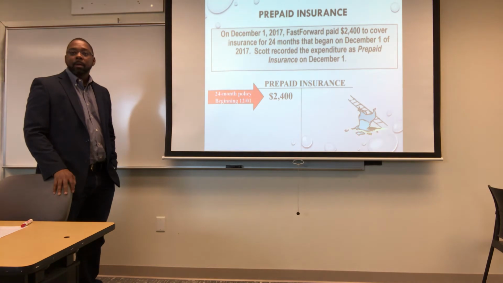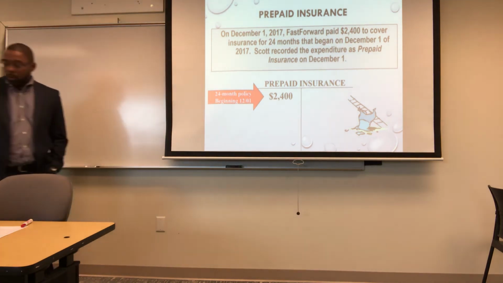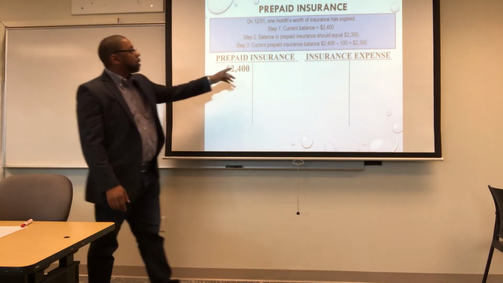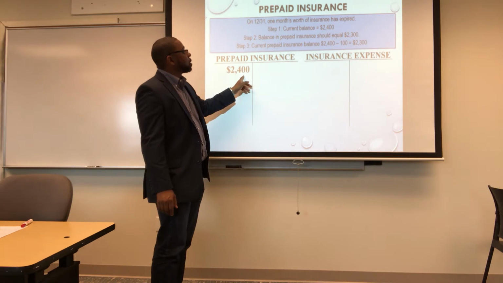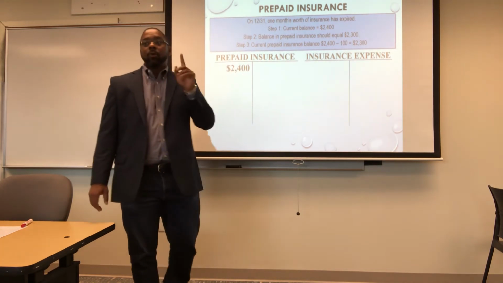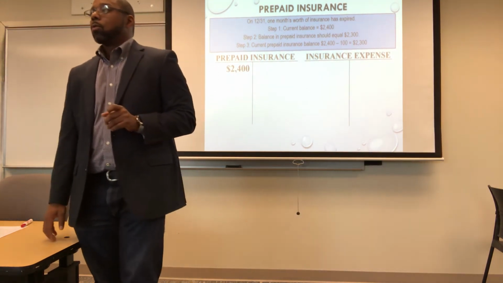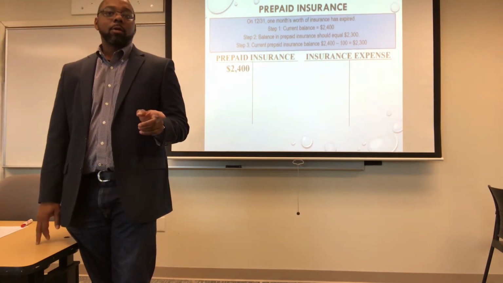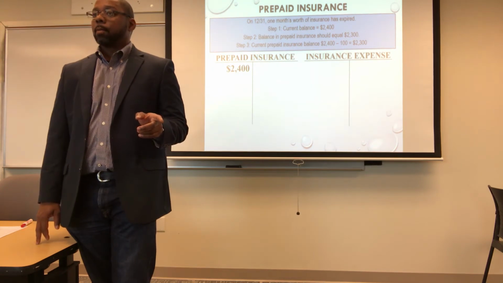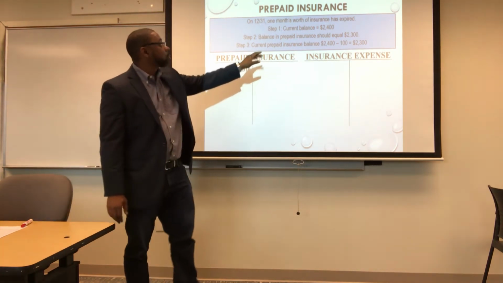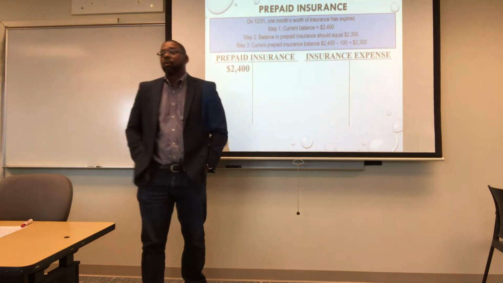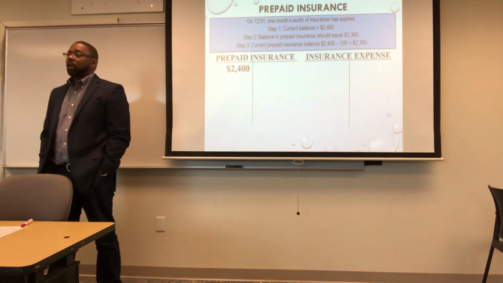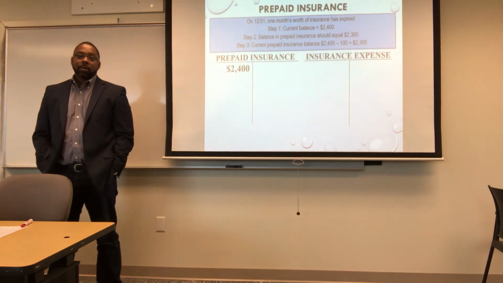Everyone with me? Now, once we use a month of insurance, so step 1, our current prepaid balance is $2,400. After we've used 1 month, we know that we should expense 1 month off of the insurance. Is everyone with me? Let's say we bought the insurance December 1st. Now it's December 31st. We need to expense off 1 month. 1 month of insurance is $100.